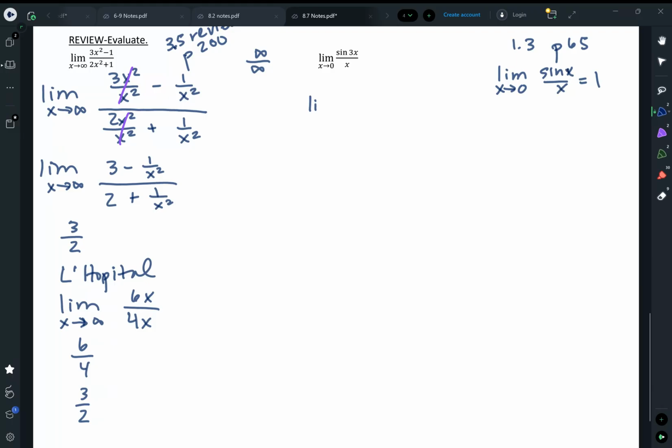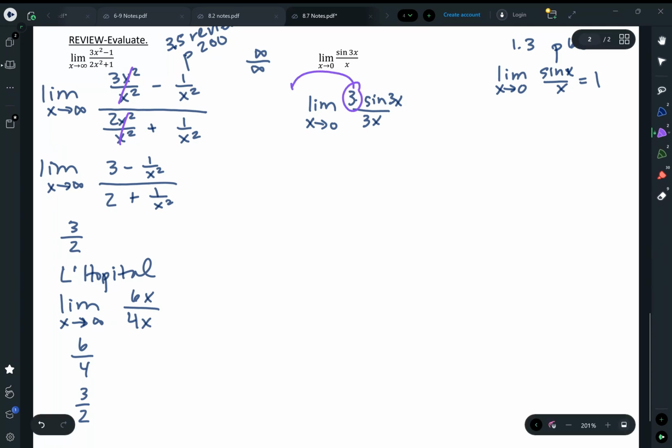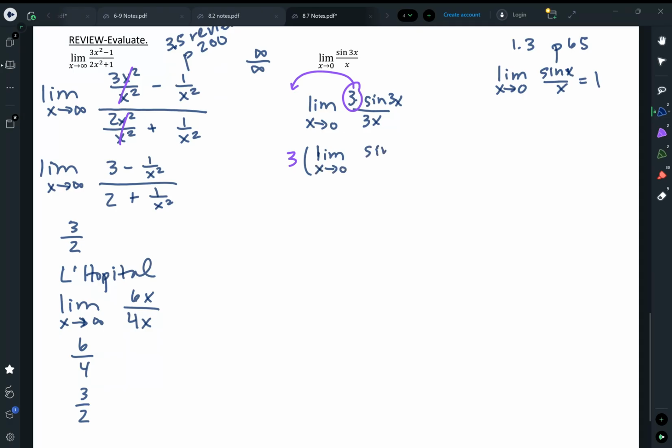If I want there to be a 3x in the denominator as well, I need to multiply my numerator by 3. So I have 3 sine 3x over 3x. I multiplied by 3 on the top and bottom. Then we took this 3 and put it out in front. So we had 3 times the limit as x approaches 0 of sine 3x over 3x. And we knew that that was just equal to 1, so we had 3 times 1, which is equal to 3.